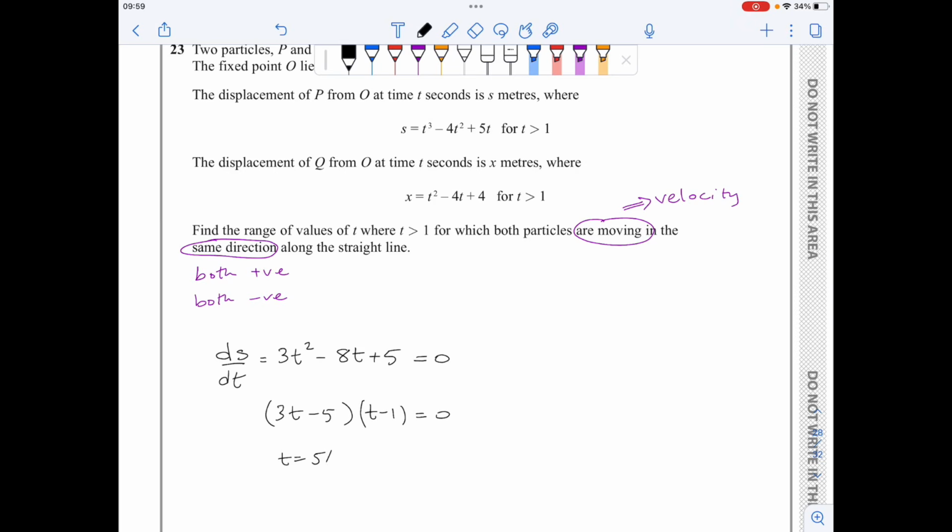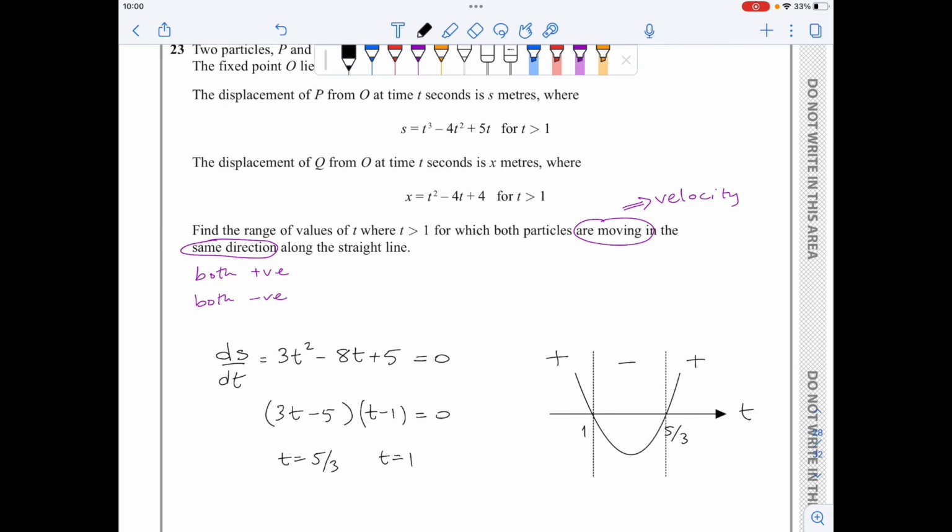So t is 5 over 3, or t is equal to 1. If I try to plot this graph on a t-axis, it will look like this. Note that the derivative is positive to the left of 1 or to the right of 5 over 3, and it's negative between 1 and 5 over 3.